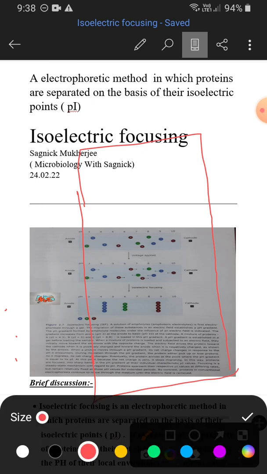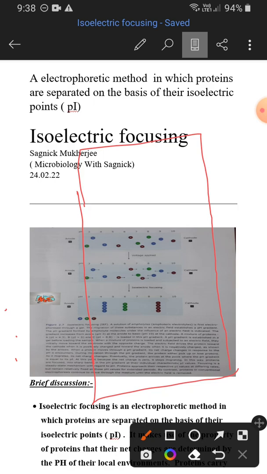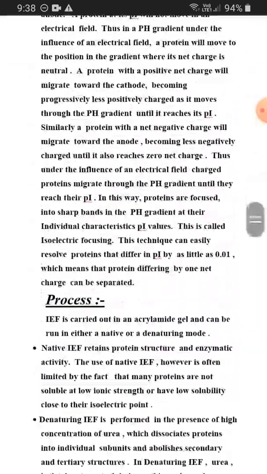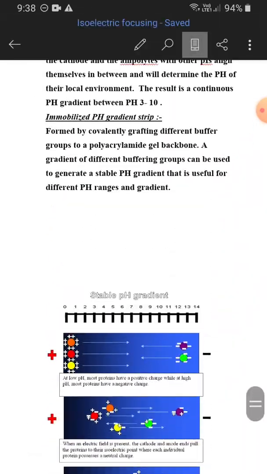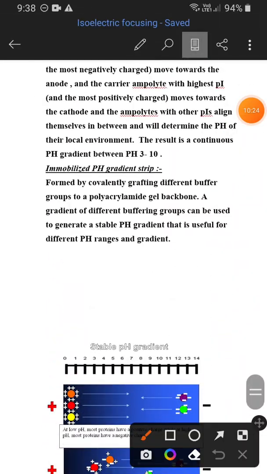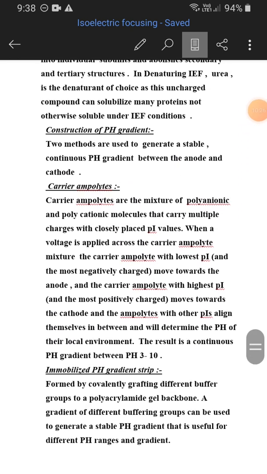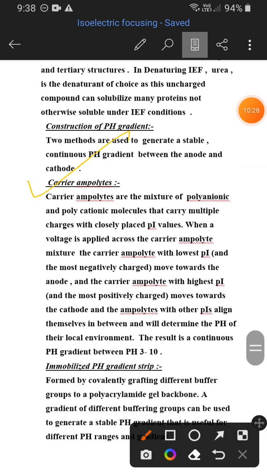As I have told you, we have to generate a pH gradient, so our first goal will be to generate the pH gradient, right? A pH gradient can be generated with the help of two methods. One is the carrier ampholyte method and another one is the immobilized pH gradient strip method.